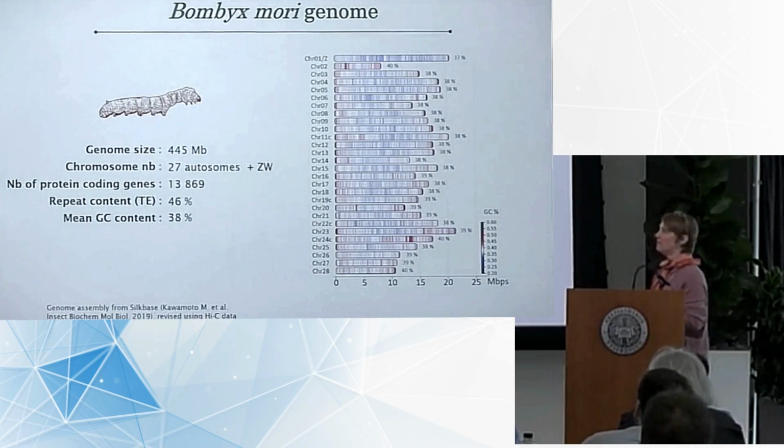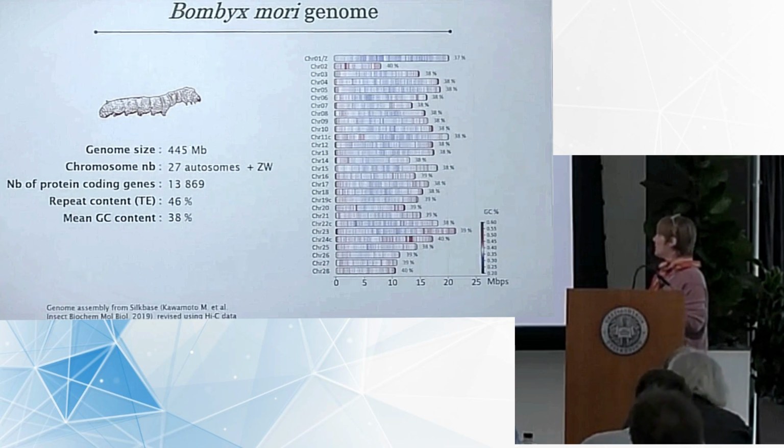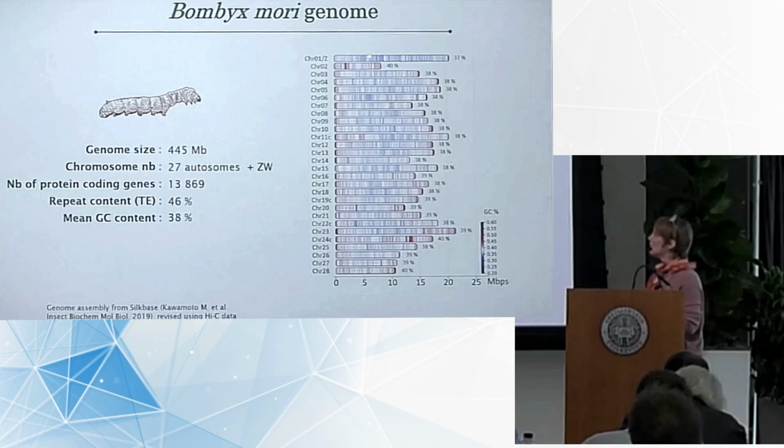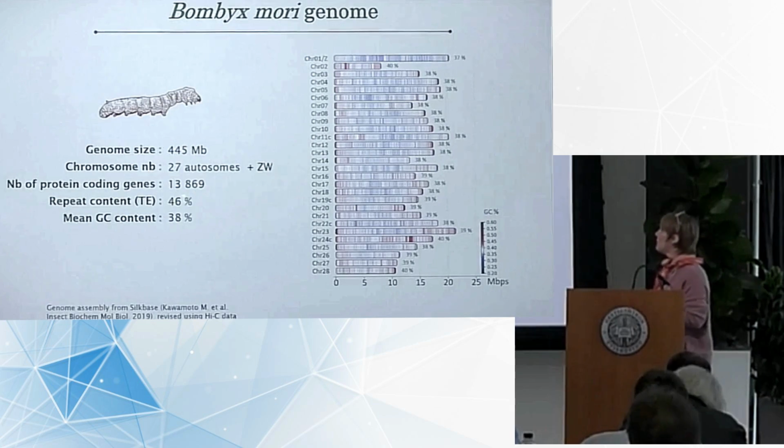If we briefly review this genome, it's approximately 450 megabase pairs, organized in 27 autosomes and 2 sex chromosomes. The chromosome Z is actually chromosome 1, and the W is unassembled here because it is full of repeats. It has approximately 14,000 protein coding genes, and approximately half of the genome corresponds to transposable elements.